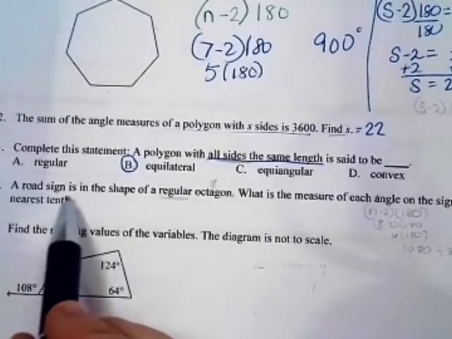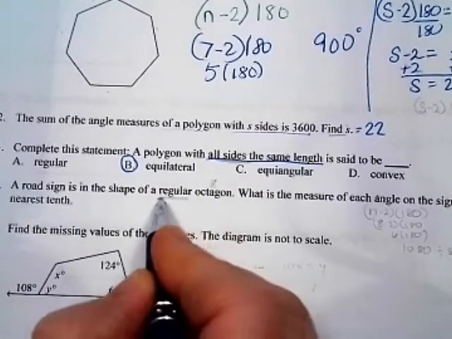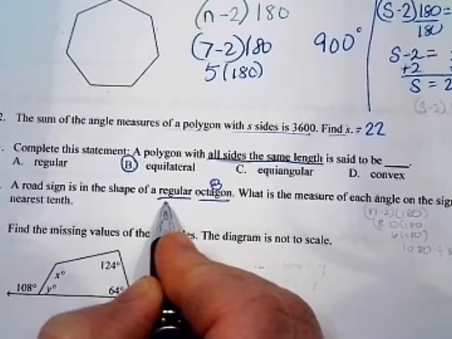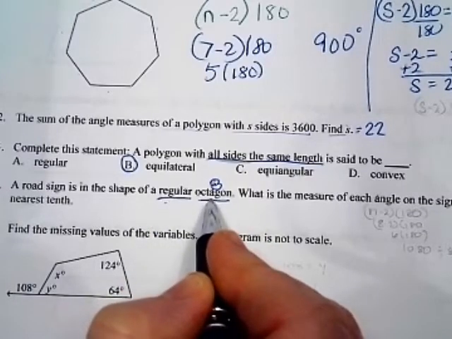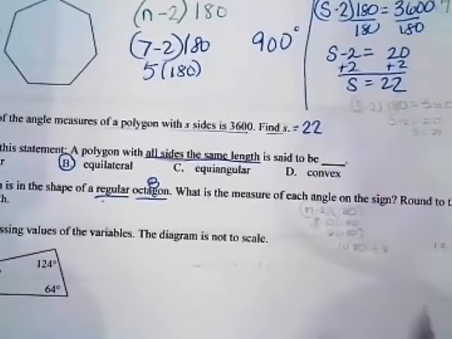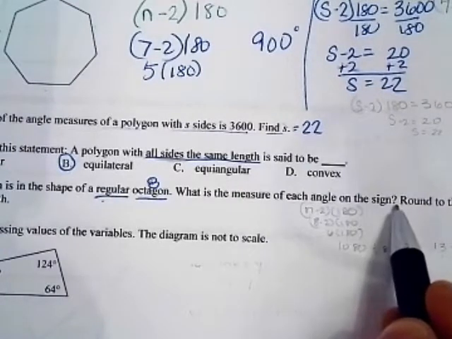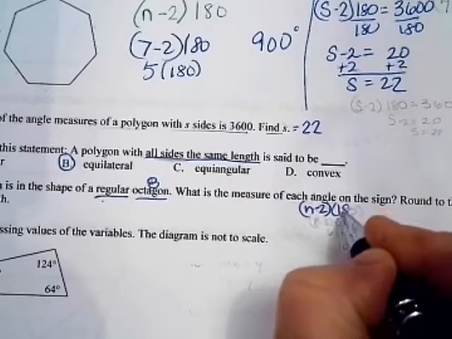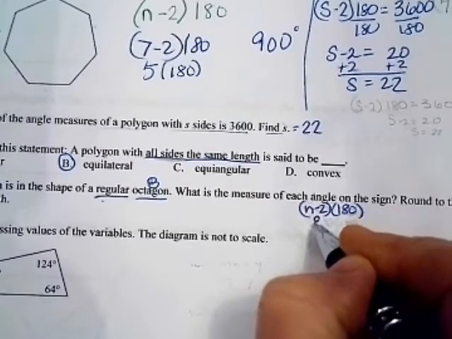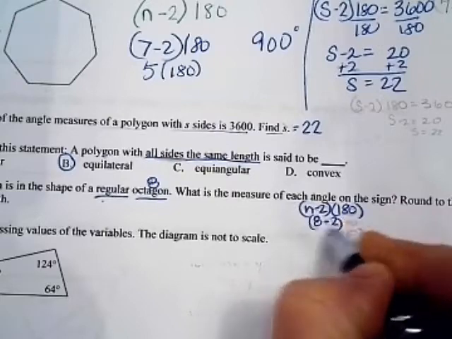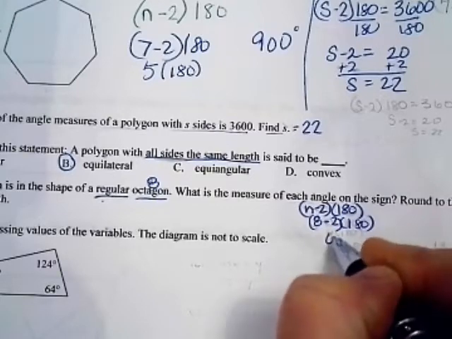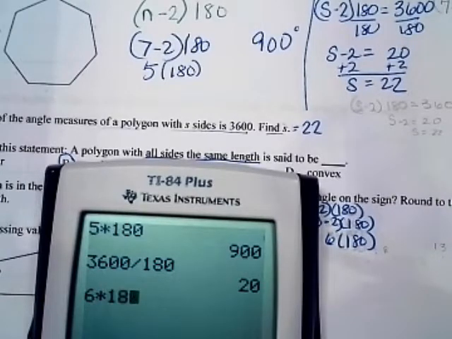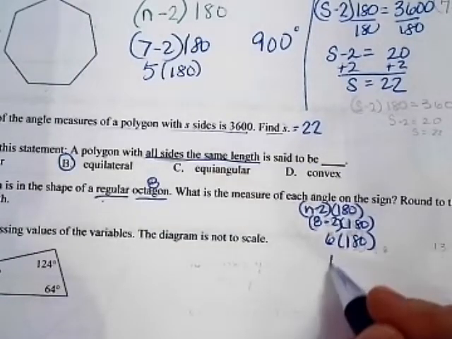Number 4, a road sign is in the shape of a regular octagon. Y'all, regular means all sides are the same and all angles. And octagon means it has 8 sides. What is the measure of each angle on this sign? So we're going to do n minus 2 times 180, and that's 8 sides, so 8 minus 2 times 180. 6 times 180 is 1,080.